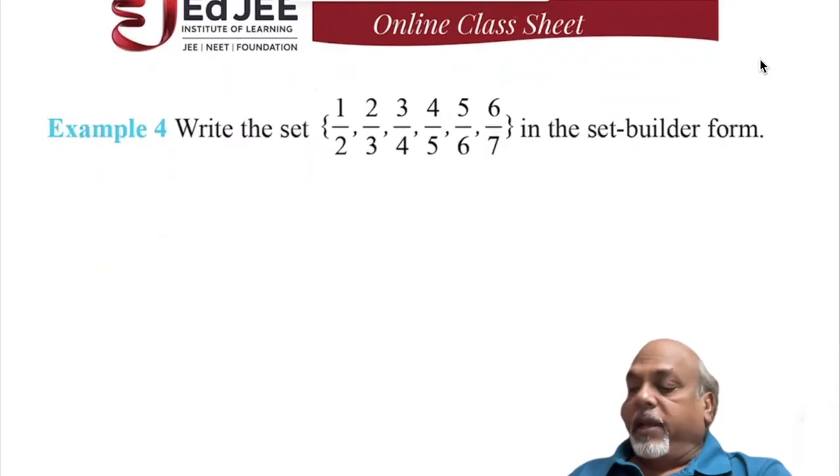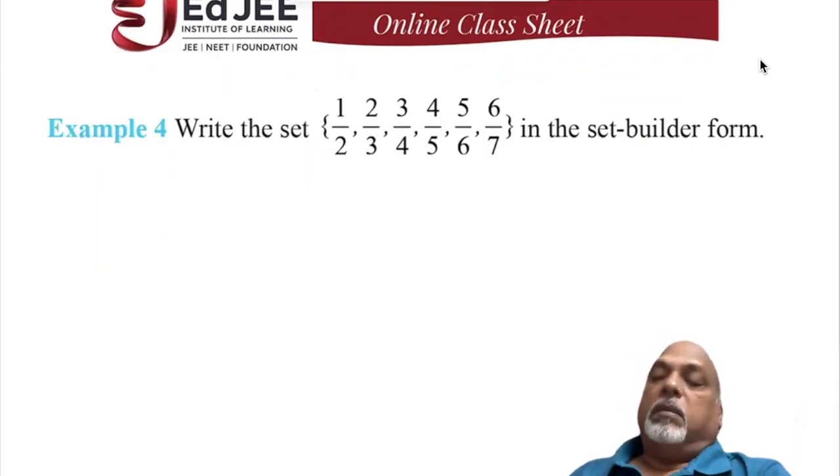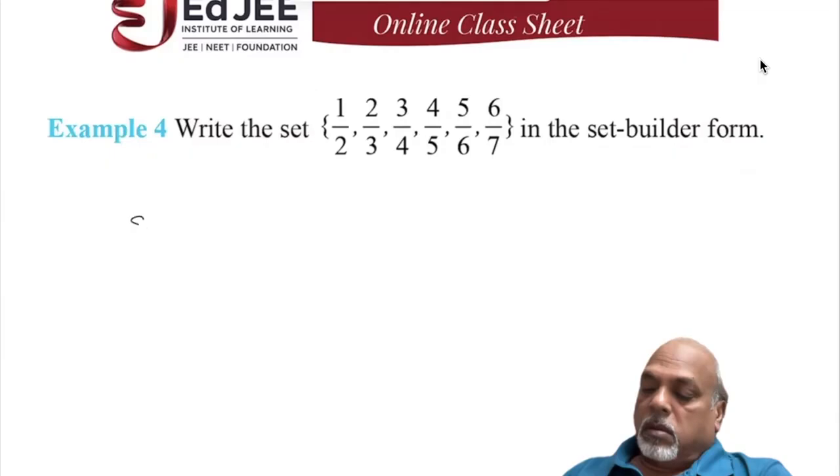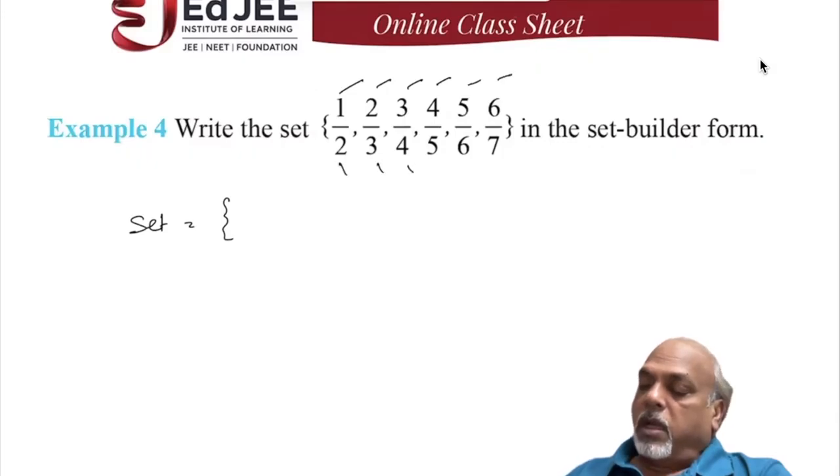Then write the set in the set builder form. Here you see these are all natural numbers, and in the denominator also there are natural numbers.